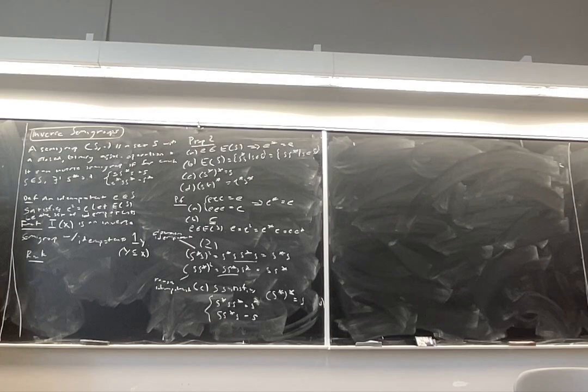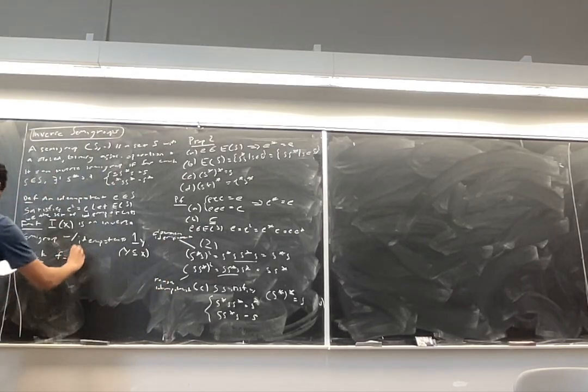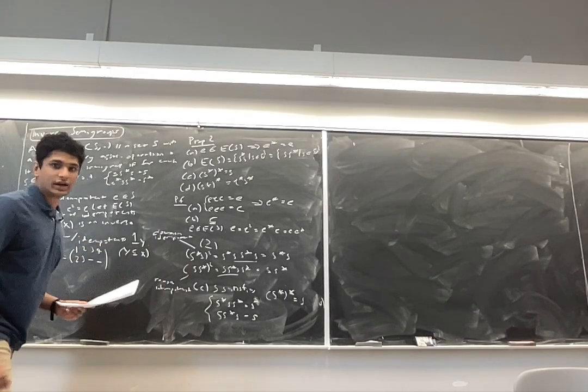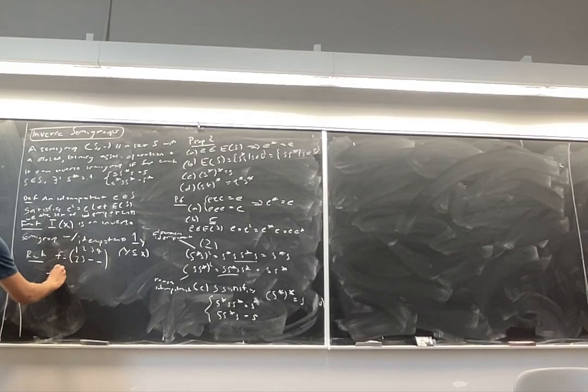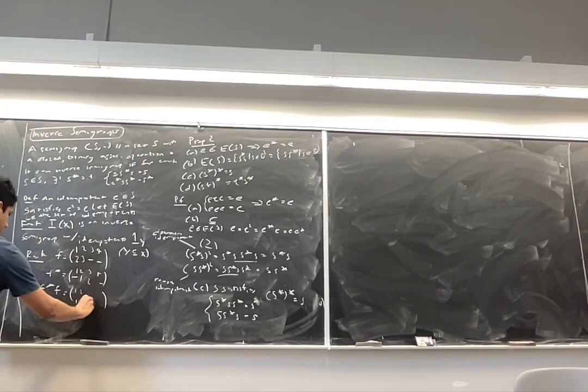Let's see. If I have the element f, 1, 2, 3 maps to 2, 3, dash. We can compute f star, which is just a set theoretic inverse. So let's see, 1 goes to 2, so 2 goes to 1, and 3 goes back to 2. So we compute that f star f is, let's see, 1 goes to 2, 2 goes to 1, so 1, 1. 2 goes to 3, and 3 goes back to 2, so 2, 2.